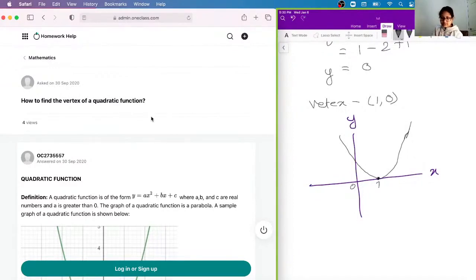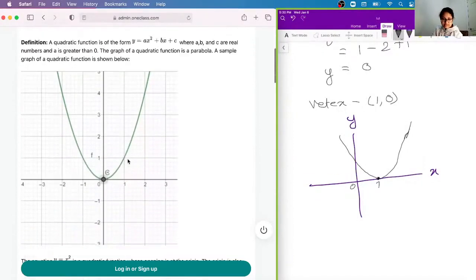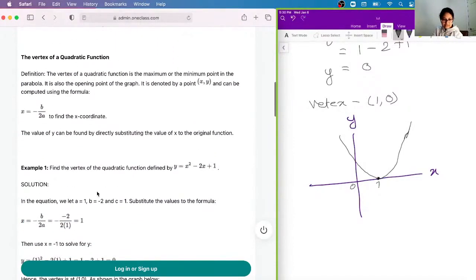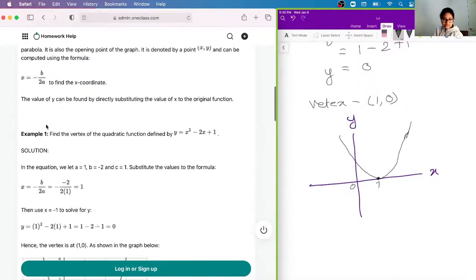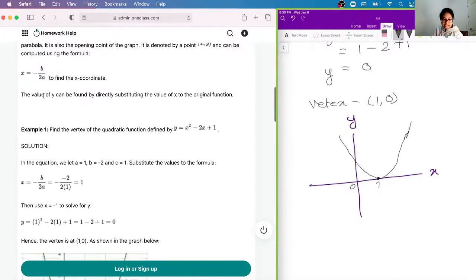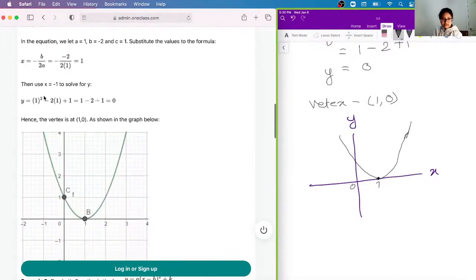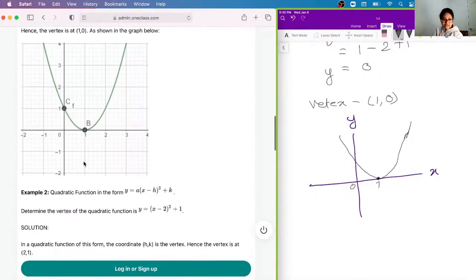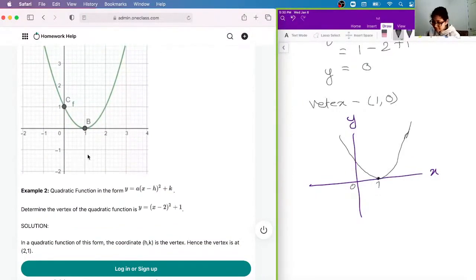And this is how your graph would look. So this is the formula you need to find the x coordinate, and this is your vertex. Okay, and another example that we can have.